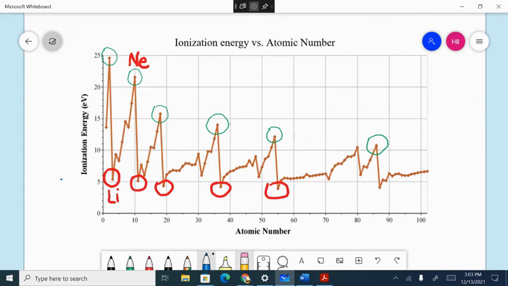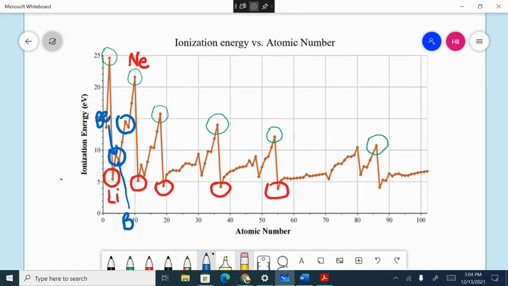Now, the exception to the trend that I just explained is illustrated here. So after lithium, you have beryllium. This is going to be beryllium. And then the next one, which is a little bit of a dip and a deviation from the trend, is going to be boron because that's the first electron in the 2p sublevel.